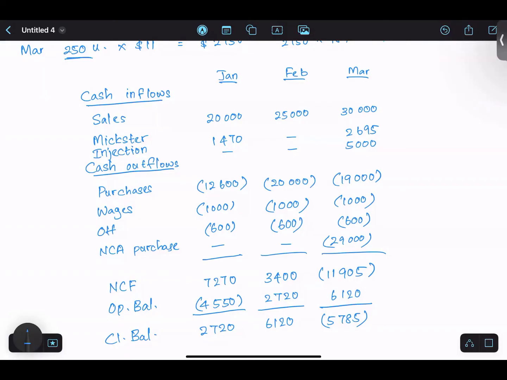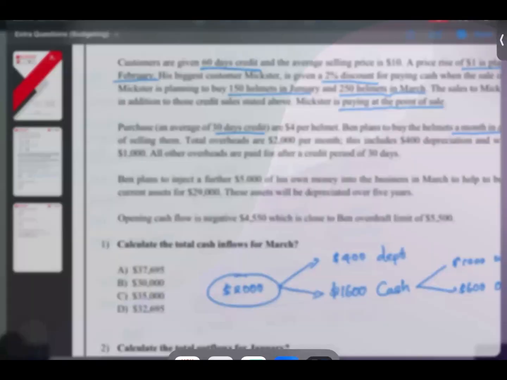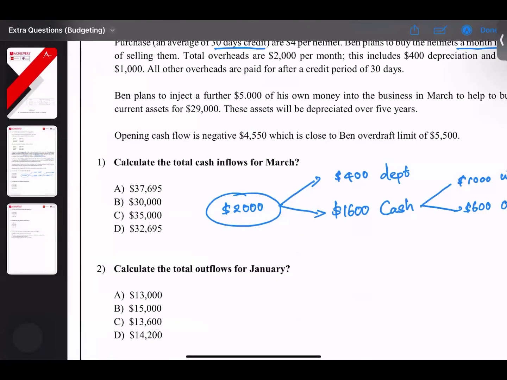So now we have prepared the cash budget. Using this cash budget, let's answer the questions one by one. The first question: calculate the total cash inflows for the month of March.